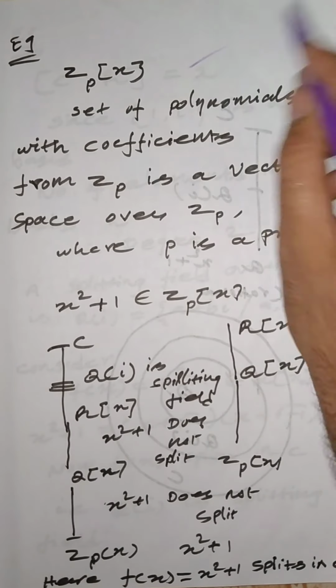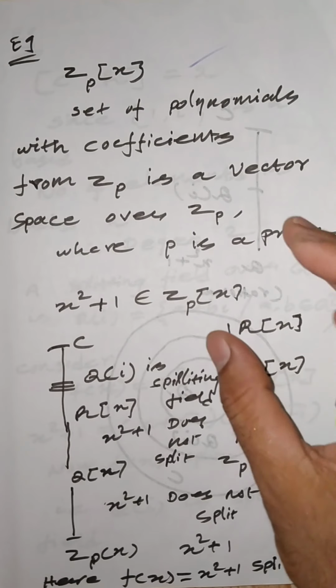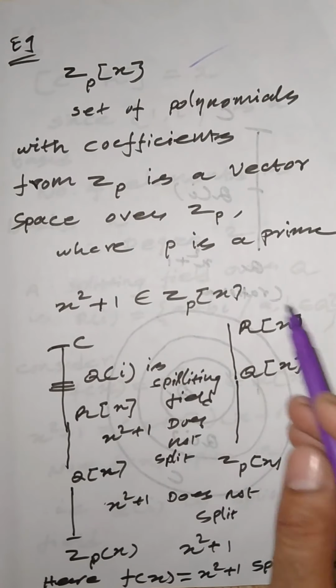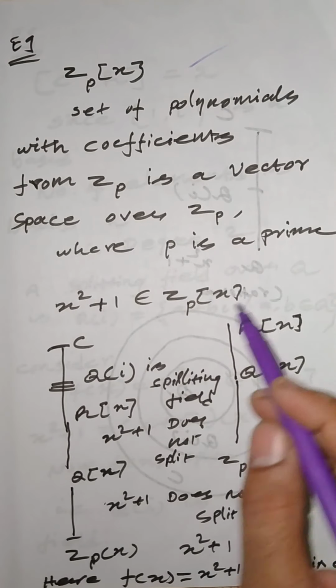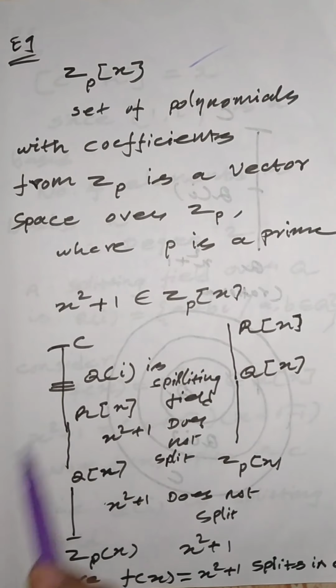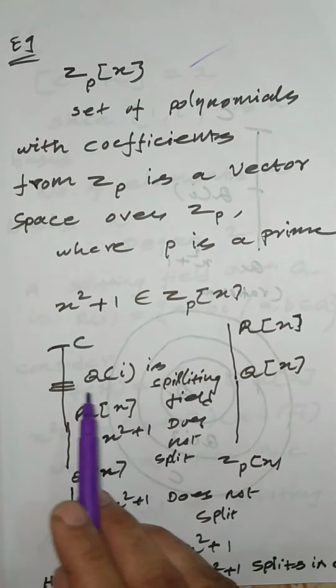So this is the field, moreover the collection of polynomials. I take one polynomial, x square plus 1.